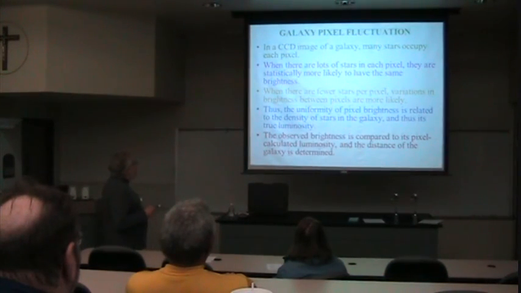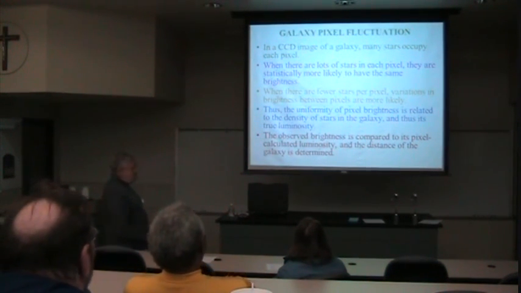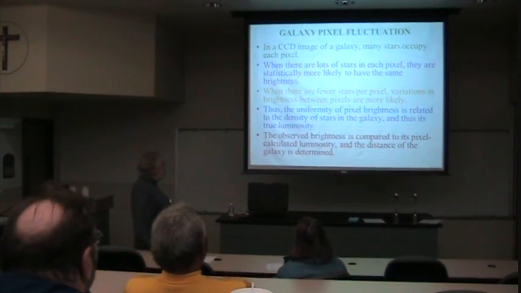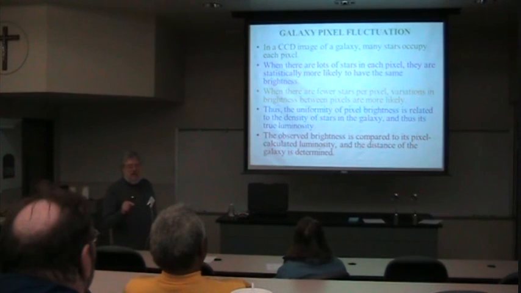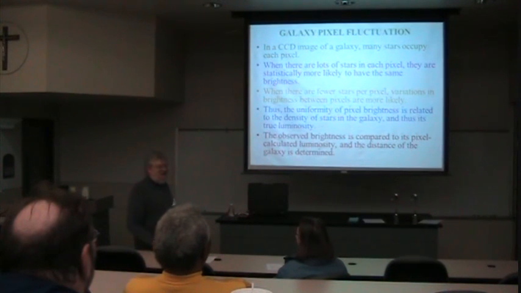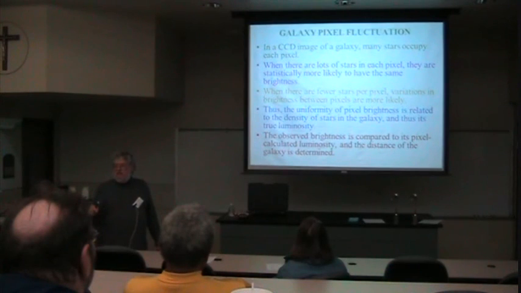Here's another one, galaxy pixel fluctuation. This is a more modern method that's come into being after CCD imaging became prominent. The idea is that there are a lot more stars in a galaxy than there are pixels in a CCD array. I think we'd all agree with that. That means there are many, many stars in each pixel.